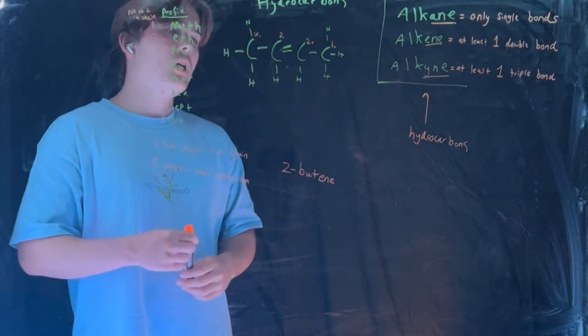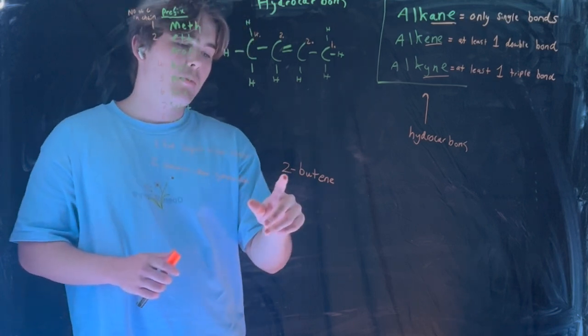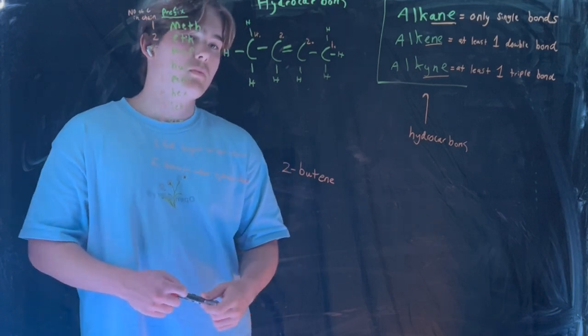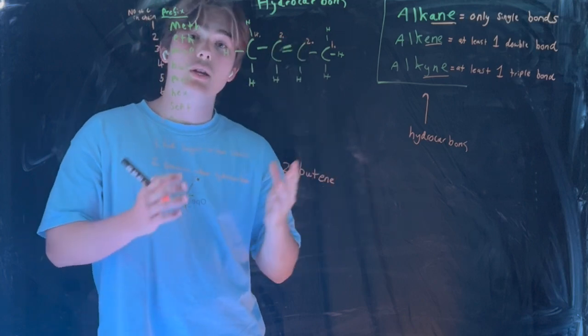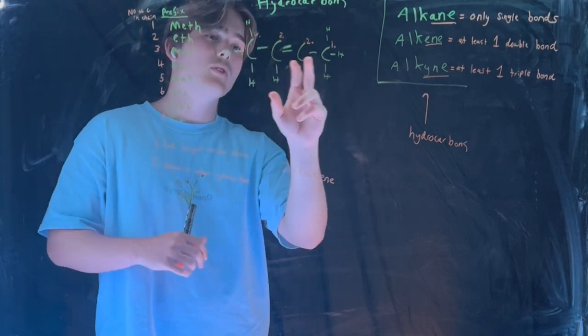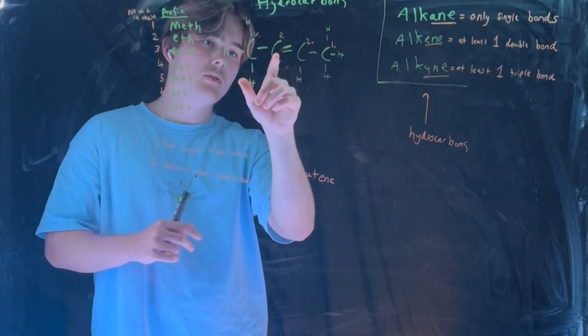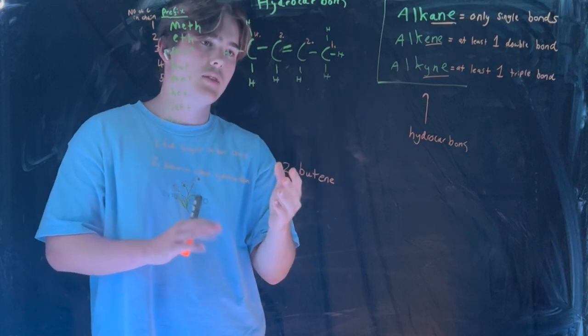Alright? Now we wouldn't say 3-butene because we want this number out the front here to be as small as possible. Okay, actually 3-butene would be incorrect anyway because 1, 2, 3-butene would indicate that the double bond is actually between these two carbons, which doesn't make any sense, okay?